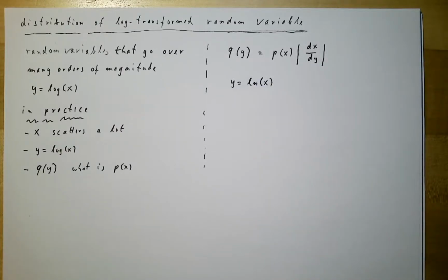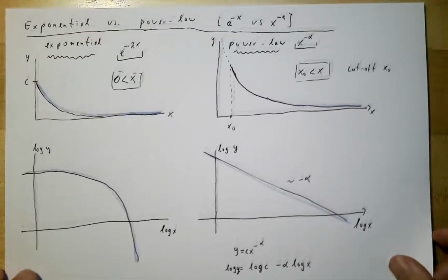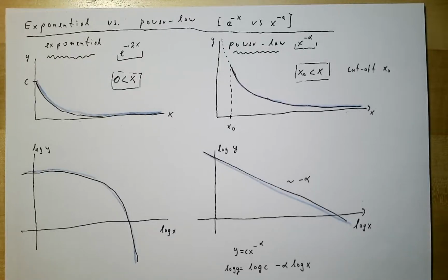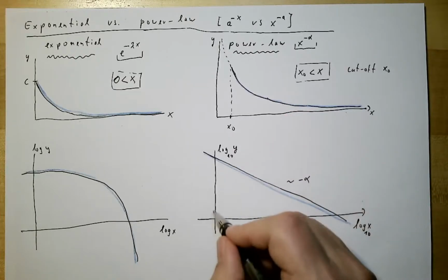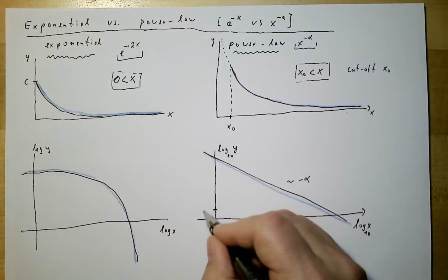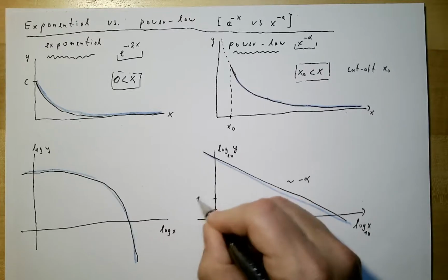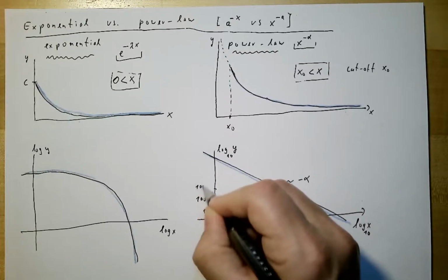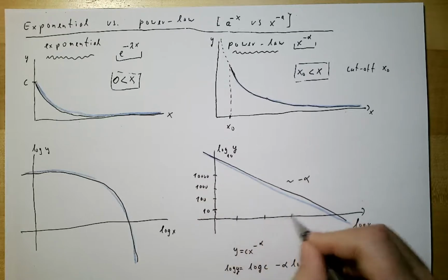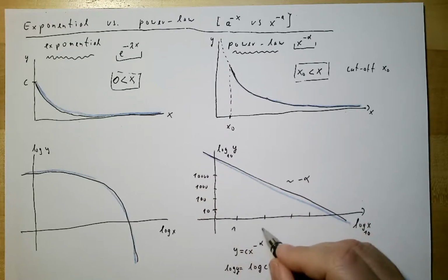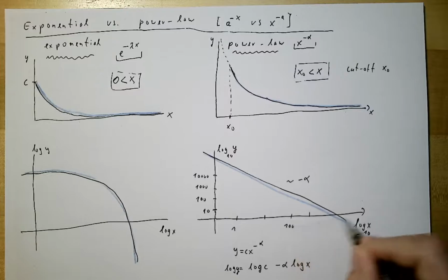Now maybe a word to this. When I plot data on a double logarithmic axis, it makes sense to take a log 10, because then I see orders of magnitude. Maybe here I have 10, 100, 1,000, 10,000, and also here 10, 100, 10,000.